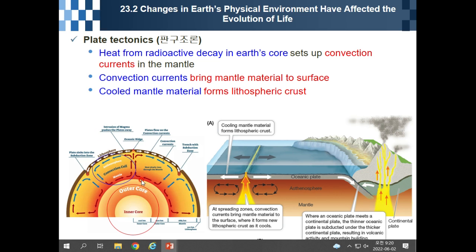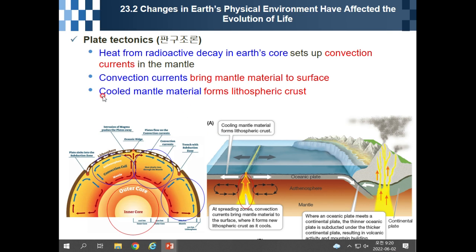The convection current is like this, going up and going down. Another convection current goes up and down like this. This convection current brings the mantle to the surface.